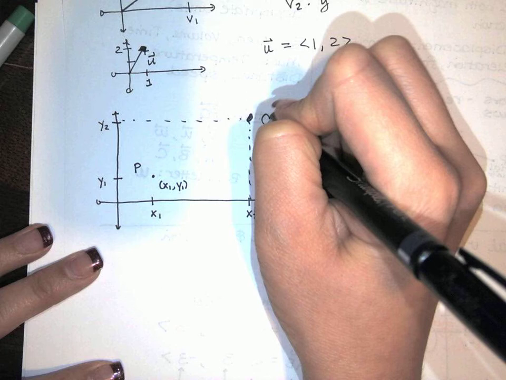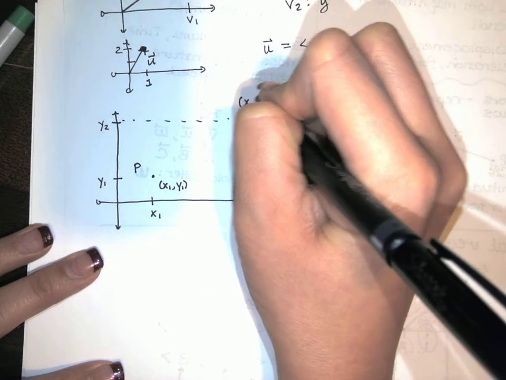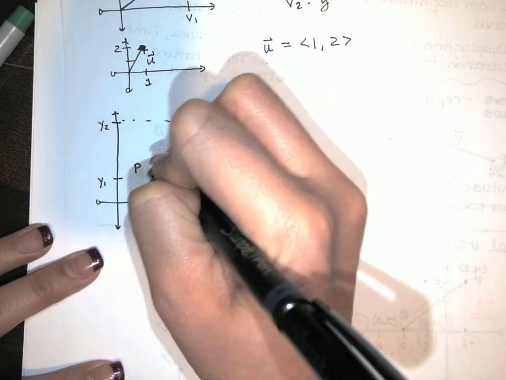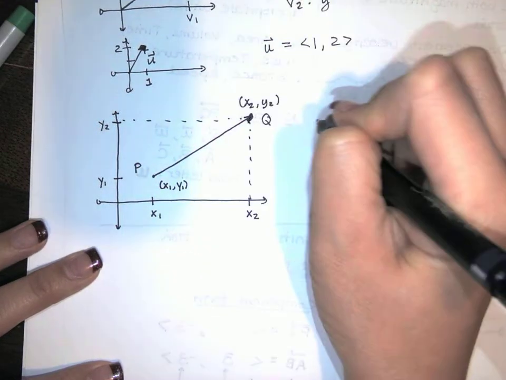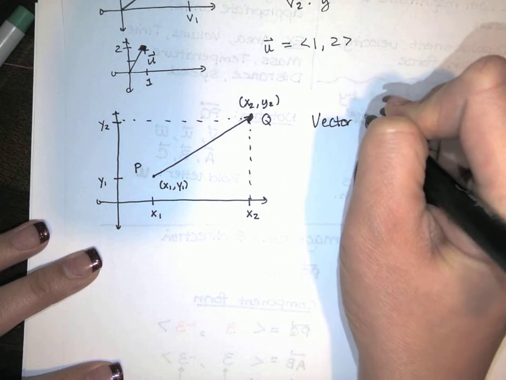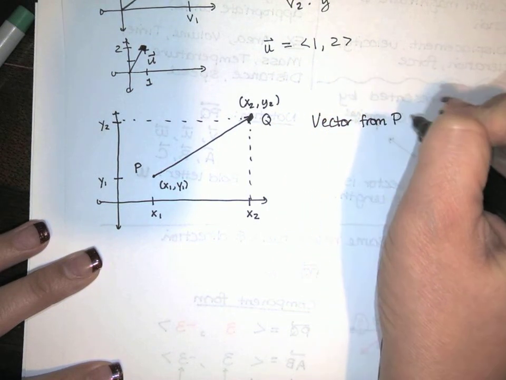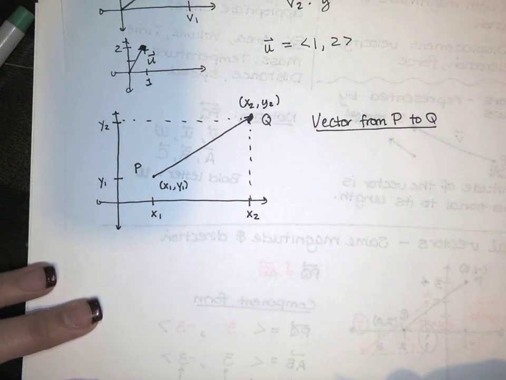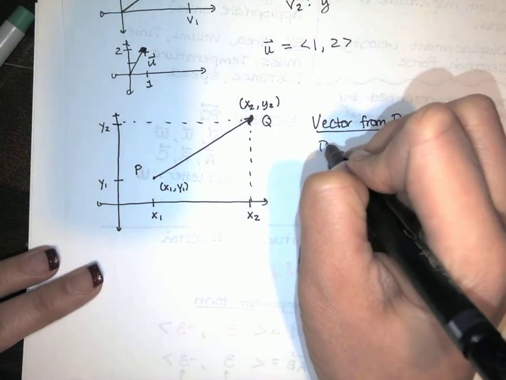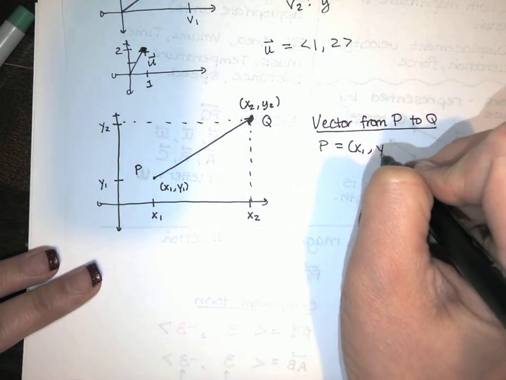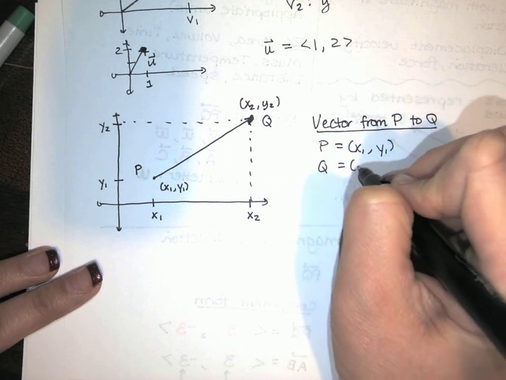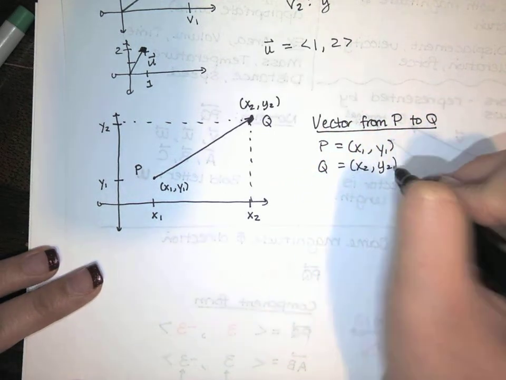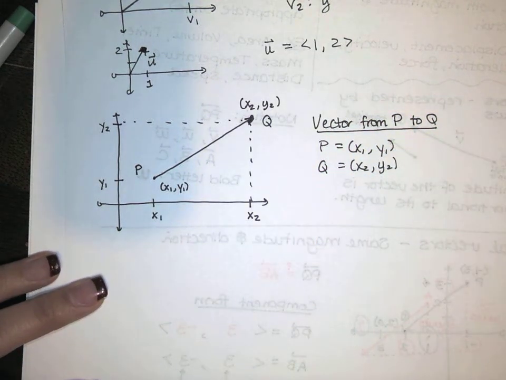That's Q. And you're talking about the vector from P to Q. The question might be, okay, well, if P is the point x1, y1, and Q is the point x2, y2, what's that vector in general?